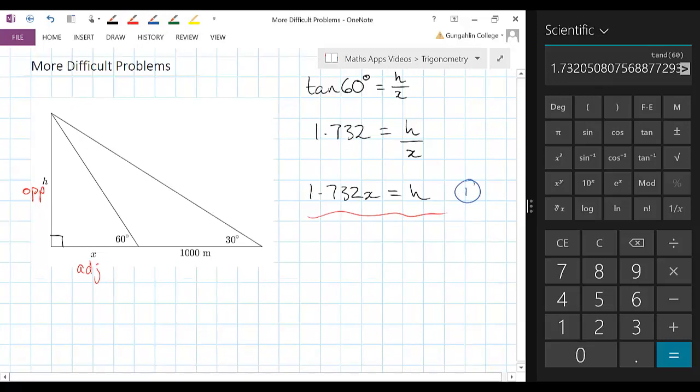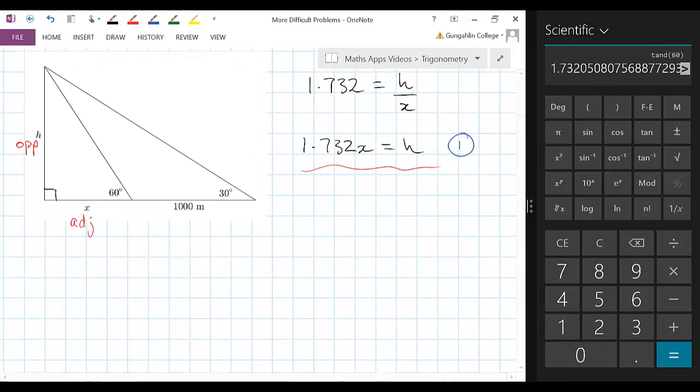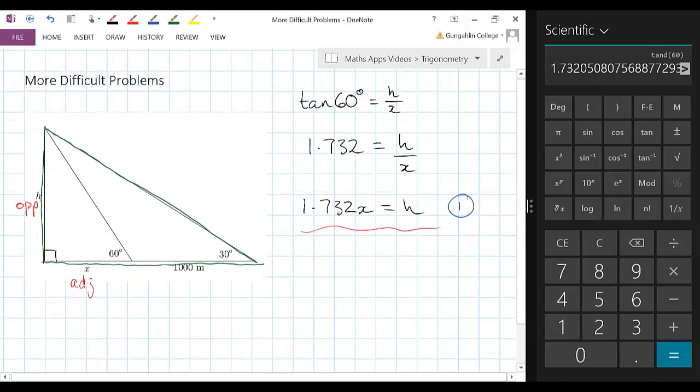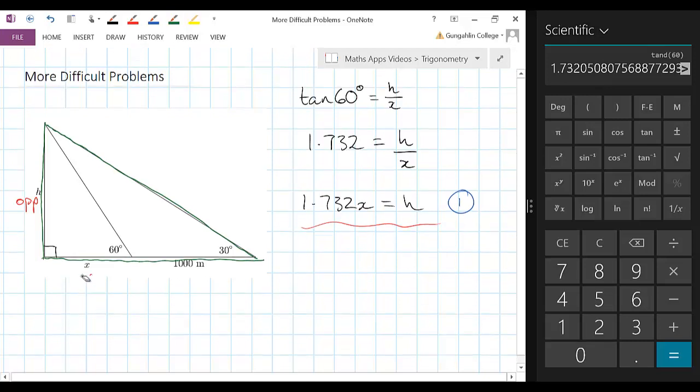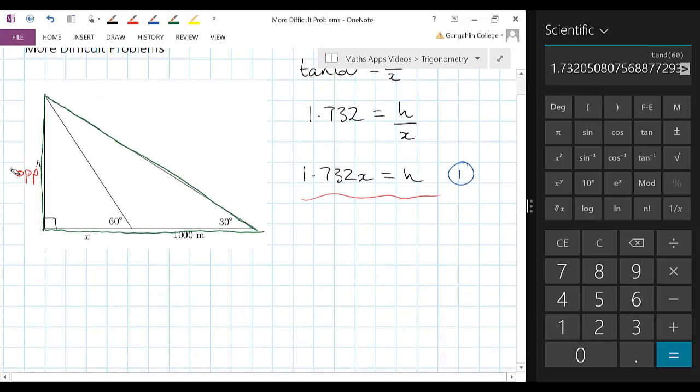What I'm now going to do is think about this larger triangle. I mean this triangle along here. I'm not tracing very well, but hopefully you get the idea. So this whole larger triangle has an angle of 30 degrees in it. Now, the side that was the opposite for the other triangle is also the opposite in this triangle.